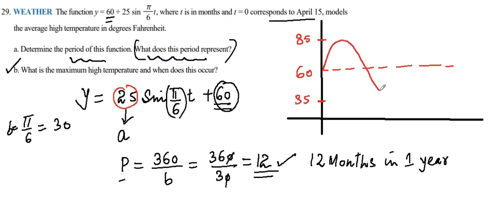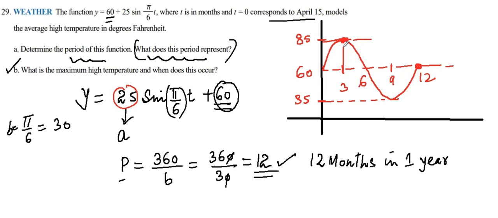One cycle, if I'm going to complete. This is sine. And what is the period here? The period is already 12 months. Here is 12, here is 6, here is 9, and here is 3. So this is the minimum and this is the maximum. What is the maximum high? Maximum is 85, and when does it occur?